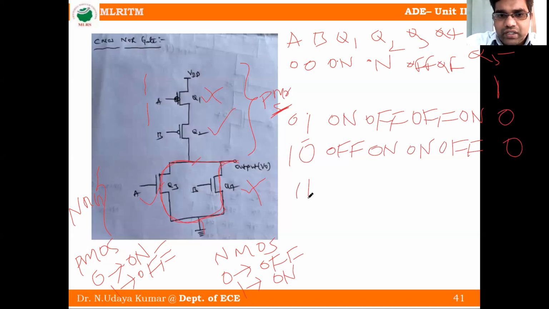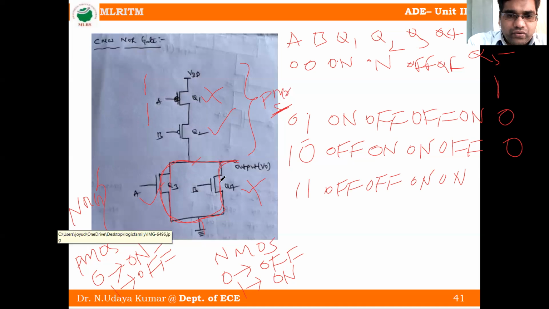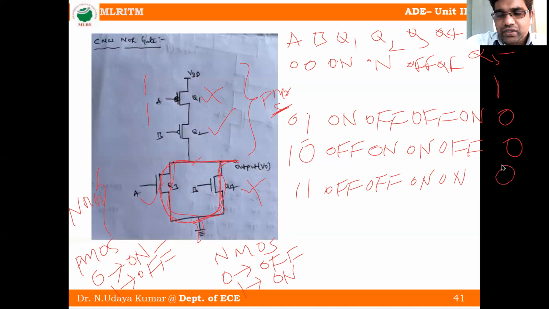For 1 1, Q1 and Q2 transistors are off and Q3 and Q4 transistors are on. Both bottom transistors are on, so both are short circuits. So the output is directly connected to the ground, and we will get 0.